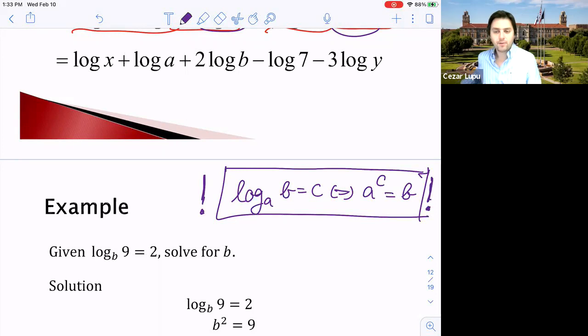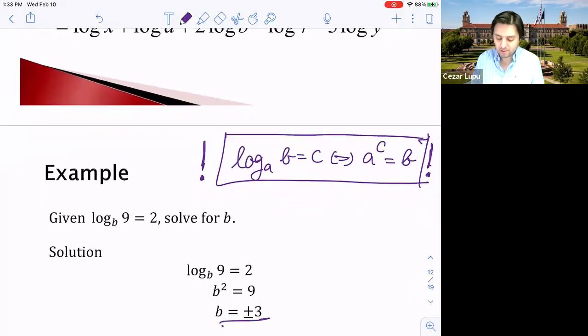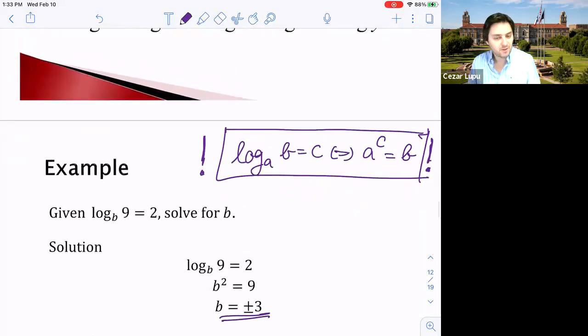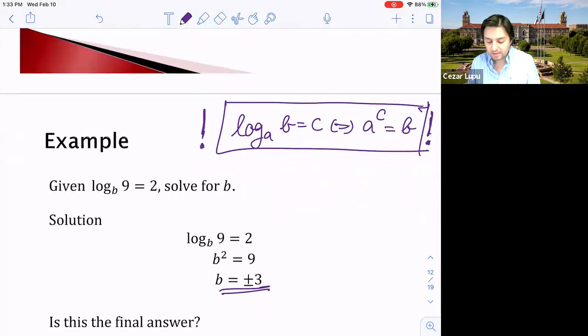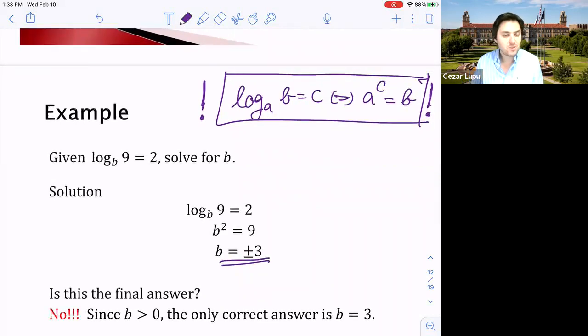So in our case, we will have that b squared equals 9, right? So when we have b squared equals 9, therefore it will give us b is plus minus 3. Well, is this the final answer? That's the question. Well, the thing is that the base -3 is not okay. So the answer is no, because the base, as you remember from the natural log, has to be positive, right?